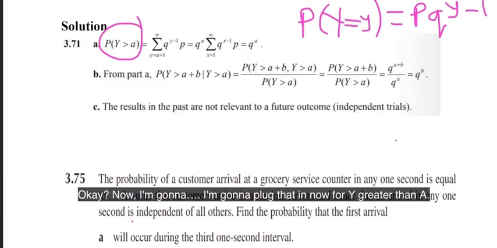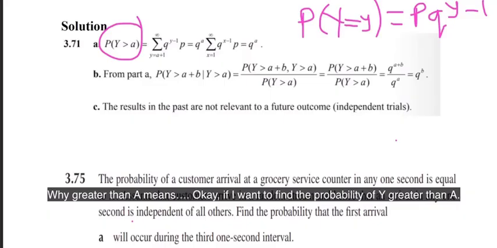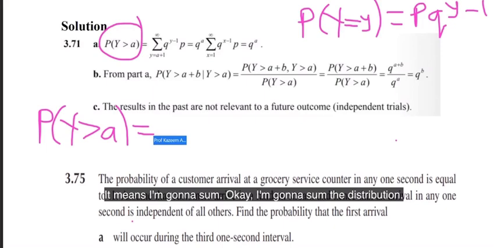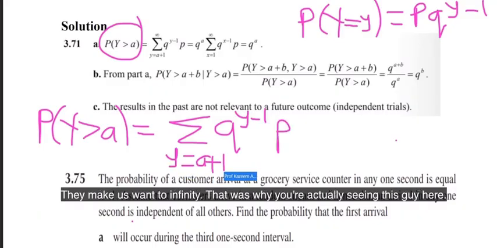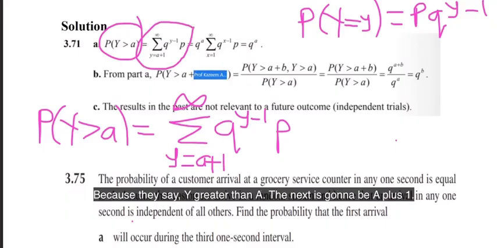Now I'm going to plug that in for y greater than a. If I want to find the probability of y greater than a, it means I'm going to sum the distribution. Since y is greater than a, the next value is going to be a plus 1, so the sum runs from a plus 1 to infinity. That is why you see this here.